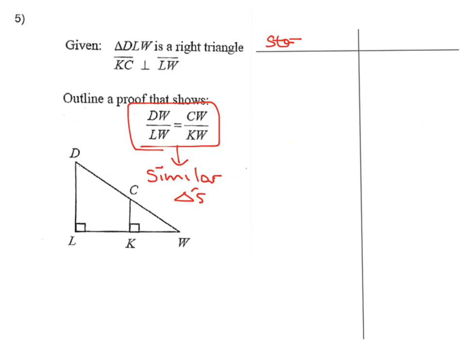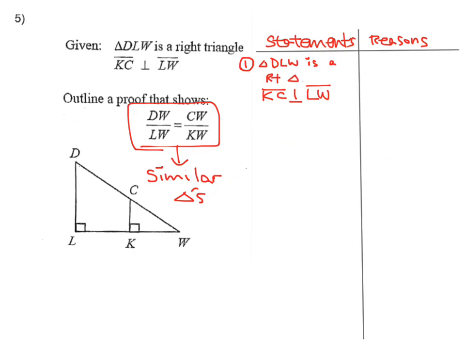So statement, and then the reasons. First, triangle DLW is a right triangle, and then KC is perpendicular to LW.